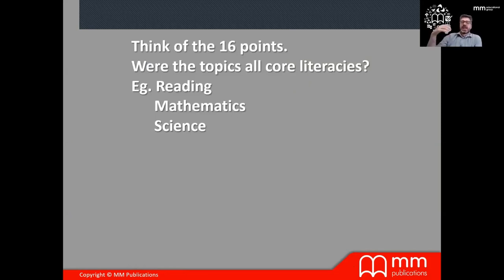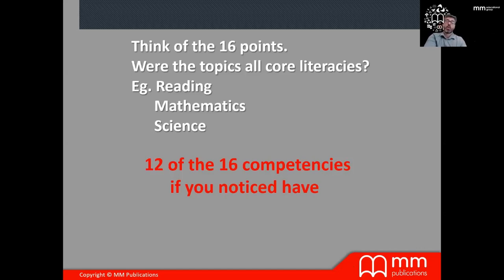Now, if you think of the 16 points we've been talking about, okay, where are all the topics, all the core literacies like reading, mathematics, science? Well, 12 of the 16 competencies do have SEL. And do you know what SEL is? SEL is social and emotional learning.